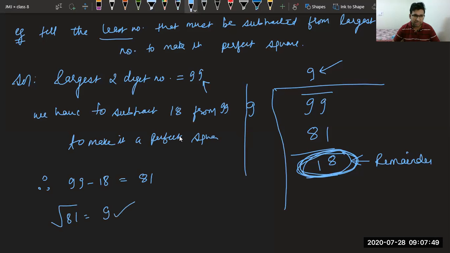So this is the largest number which is a perfect square. I hope all of you got this. Now try one more example. Find the least number that should be subtracted from largest 3-digit number to make it a perfect square. All of you please try.